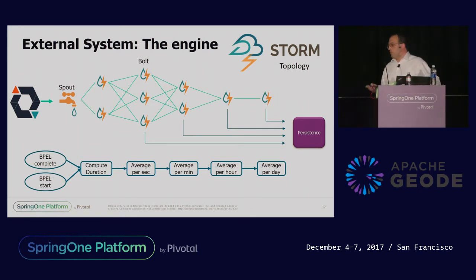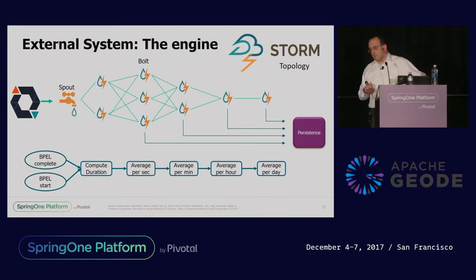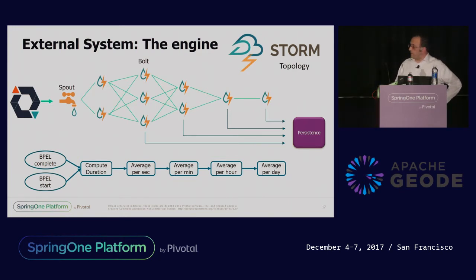Mainly, in Storm, you have two components, the spout and the bolt. The spouts are used to get the information from the outside world, and the bolt could be seen as an independent process, an independent Java process running. What is interesting here is that you can define a number of processes for each of your steps in the process.